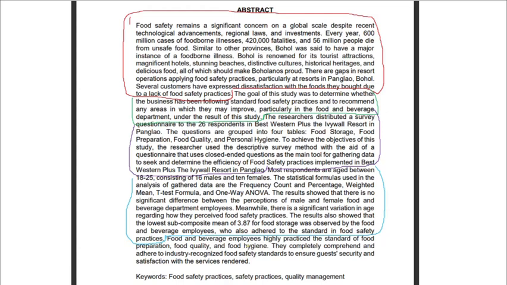Food and beverage employees highly practice the standard food preparation, food quality, food hygiene. They completely comprehend and adhere to industry recognized food safety standards to ensure guest security and satisfaction with the service rendered. Okay, so this is the part for the conclusion.